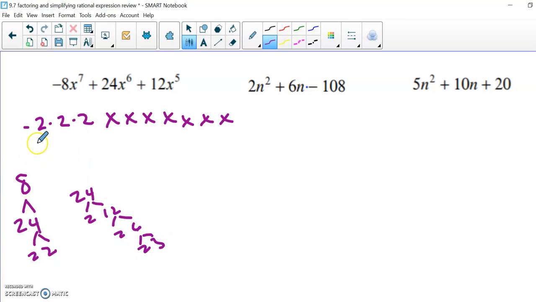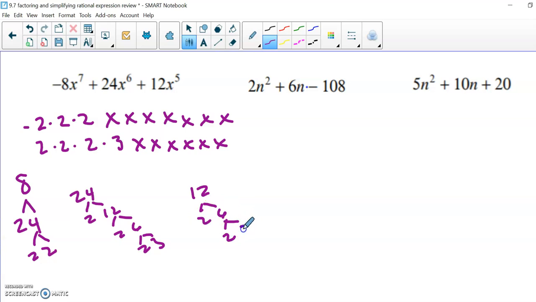So we have 2 times 2 times 2 times 3, and we have 6 x's there, 1, 2, 3, 4, 5, 6. And last one is 12, 2 times 6, 2 times 3. So we have 2 times 2 times 3, and that one has 5 x's. 1, 2, 3, 4, 5.